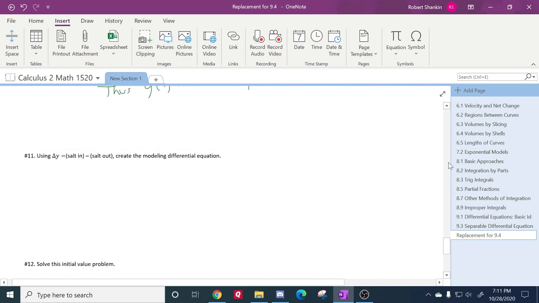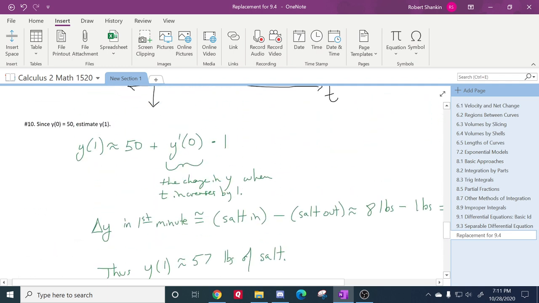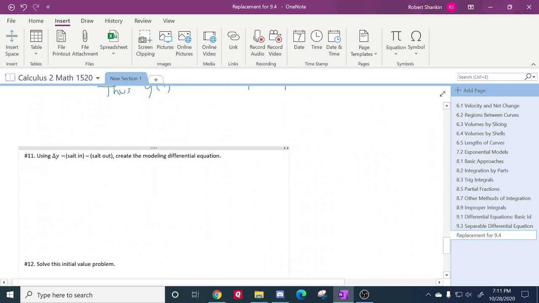So then we're going to use this, the change in y, because the derivative is really the change in y when the input increases by 1. So the change in y is salt in minus salt out. Using that, we're going to create the modeling differential equation.